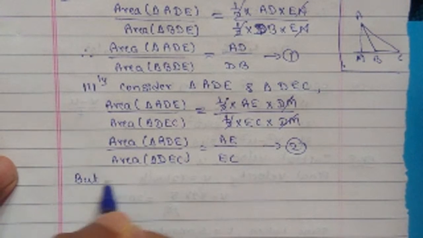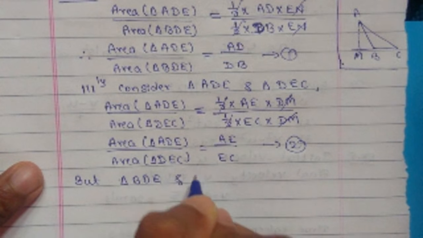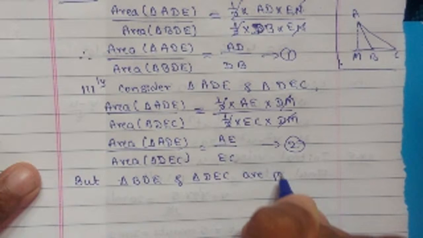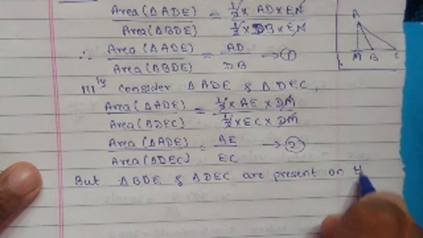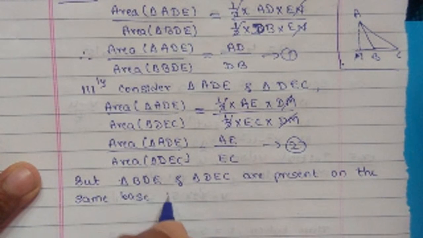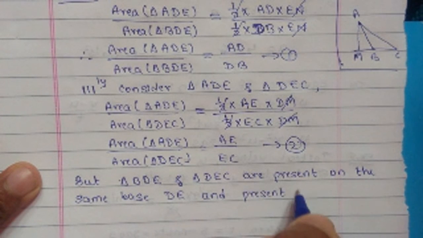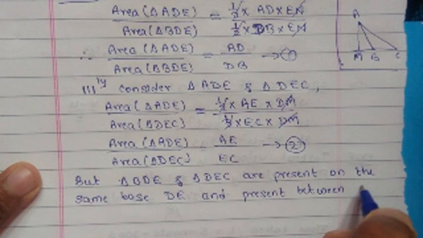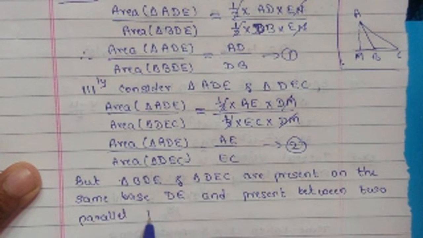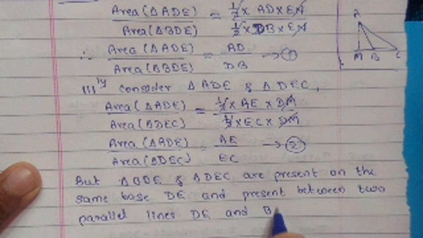But triangle BDE and triangle DEC are present on the same base DE, and present between two parallel lines DE and BC.